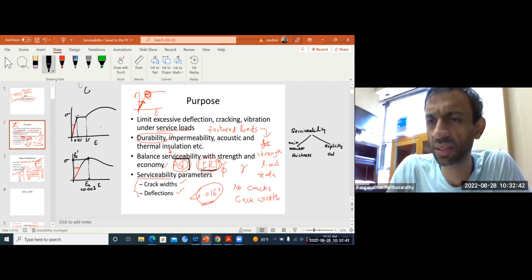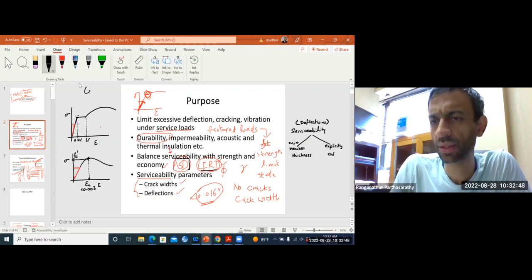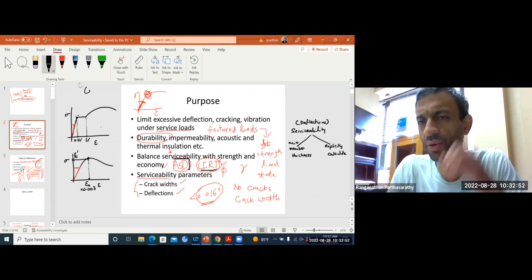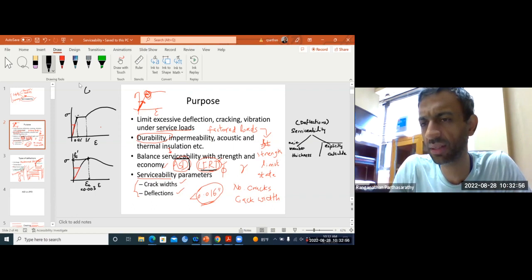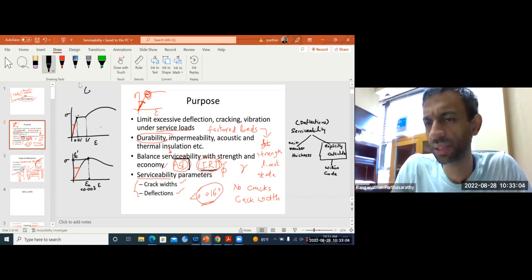So this is serviceability as it relates to deflections. If you are not meeting the minimum member thickness, then you must calculate the deflections and ensure that they are within code limits.